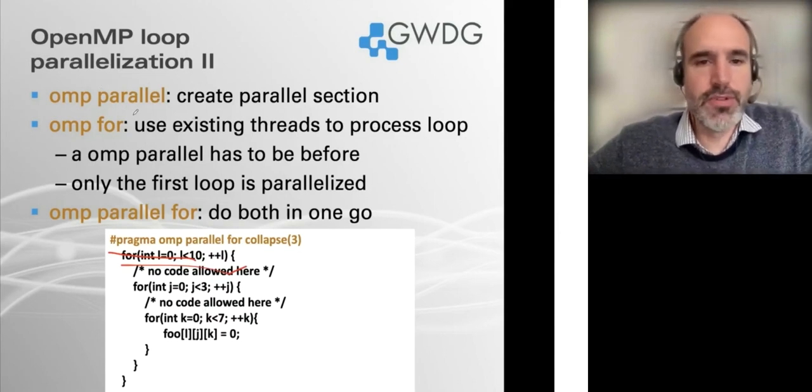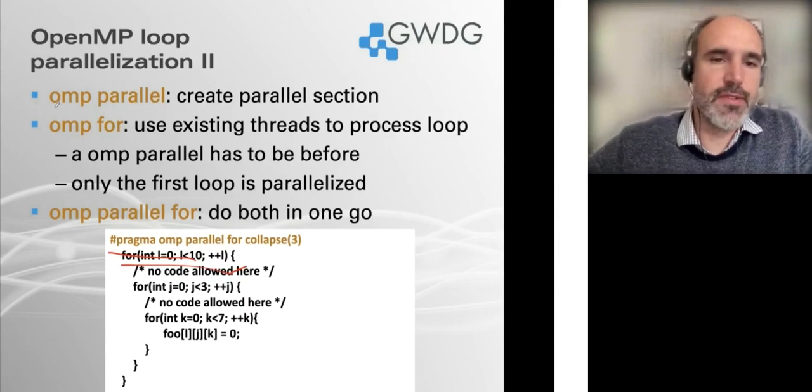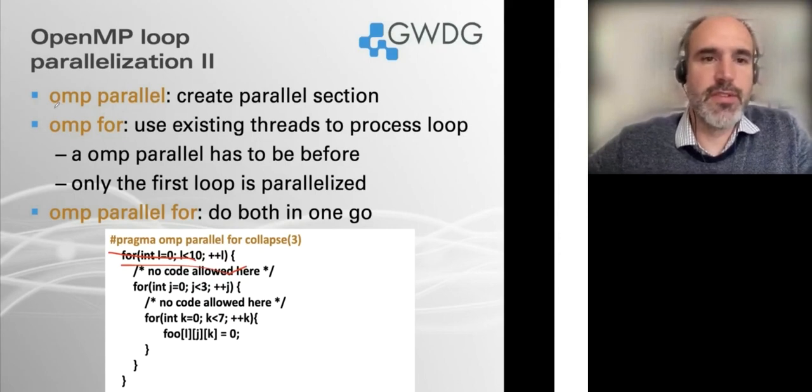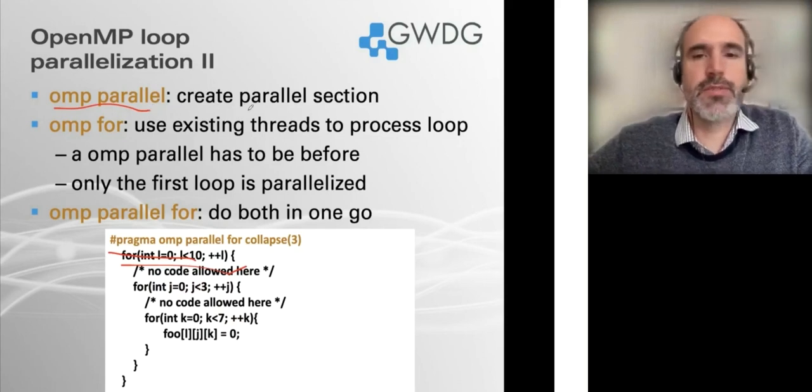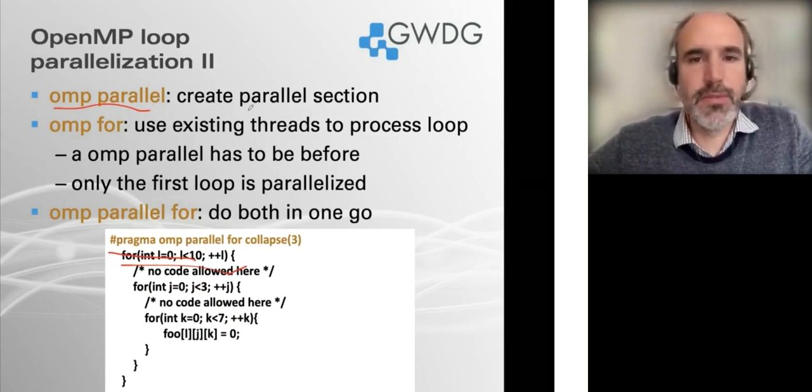So important to note again here is that we have three different directives given. You have the omp parallel directive, which is just splitting up into a number of threads. It starts a parallel region in the code. And so you know after this call how many threads you have.